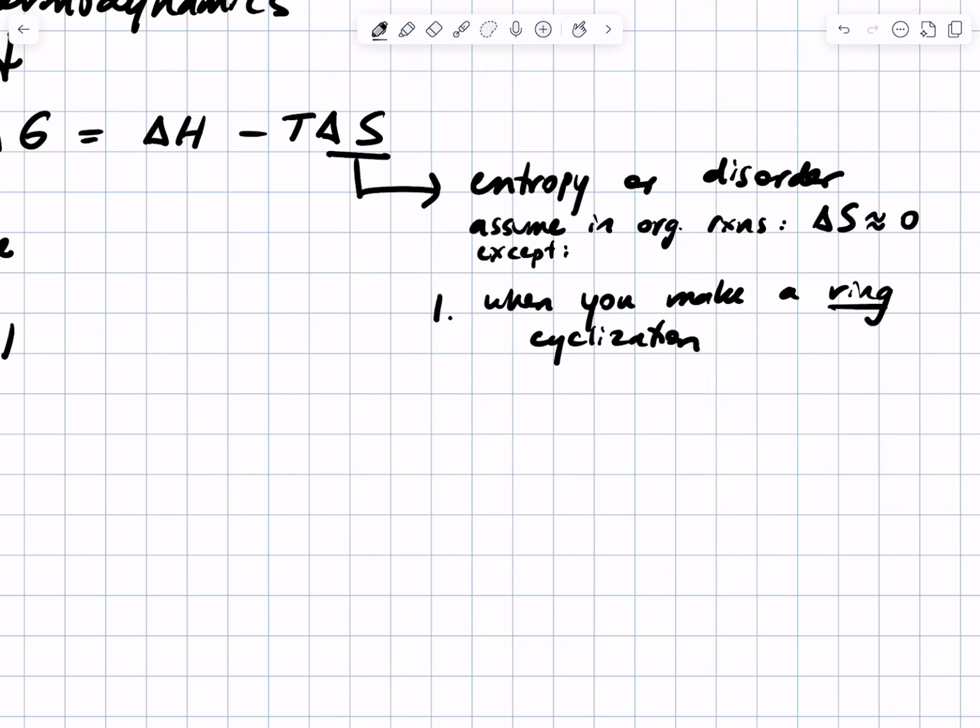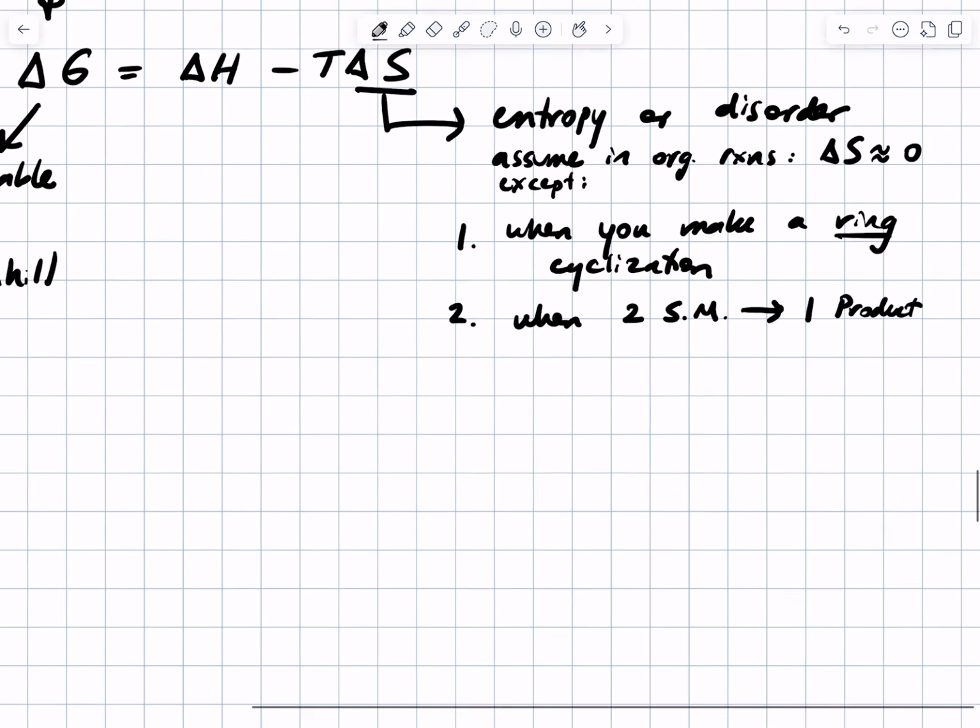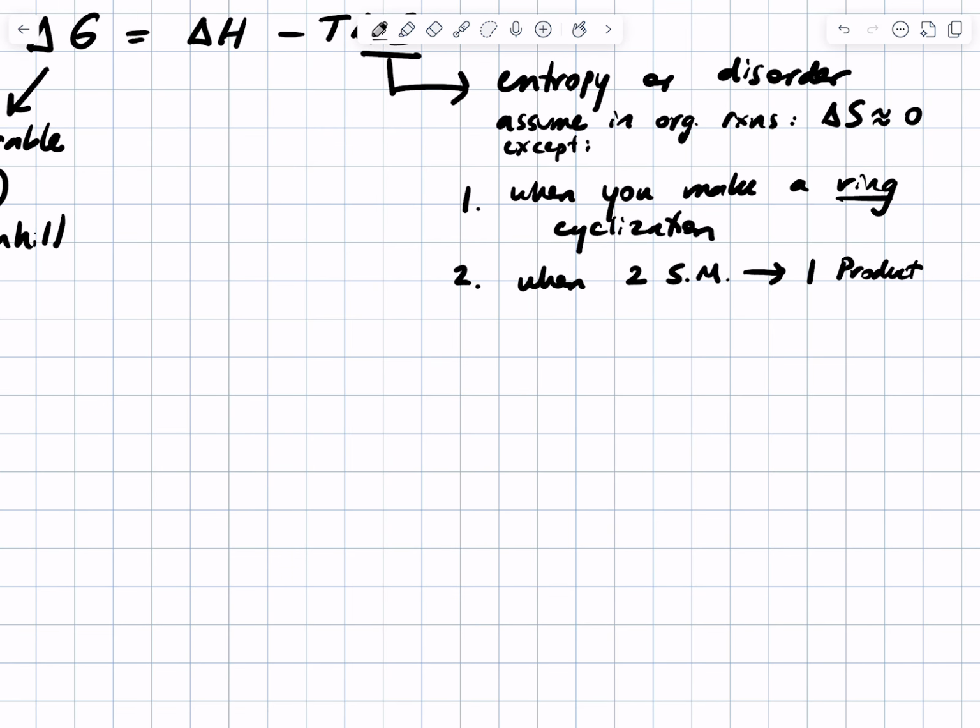Another case to be aware of is when you take two starting materials, meaning reactants, and you get one product, meaning you turn two things into one. That can lead to a decrease in entropy. Making a ring can lead to a decrease in entropy.